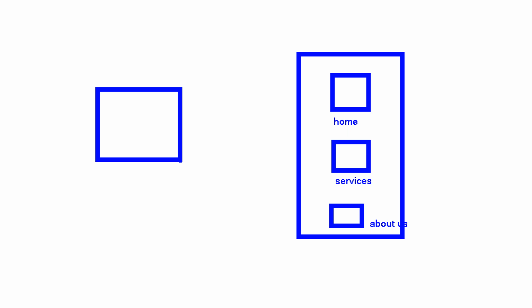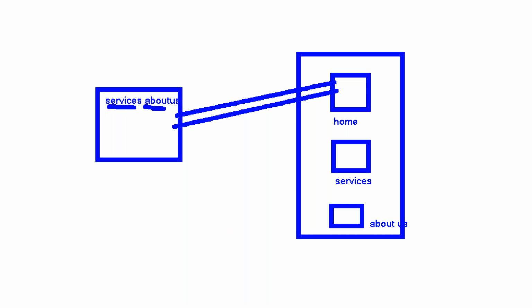And this is the browser which we have. I'm sending a request to this server, then the home page is loading in the browser. In this, we are displaying services and about us hyperlinks.